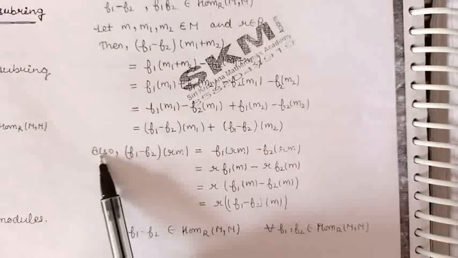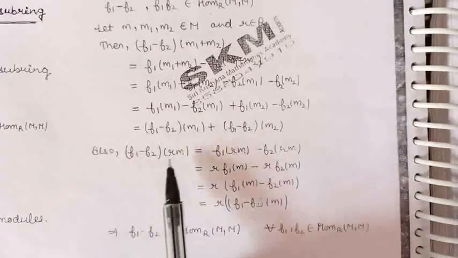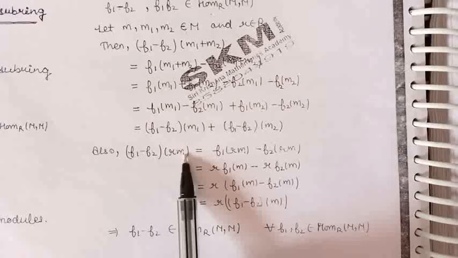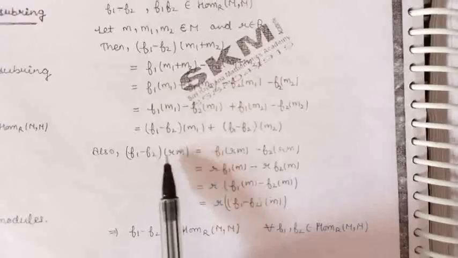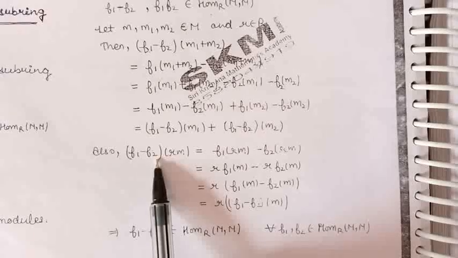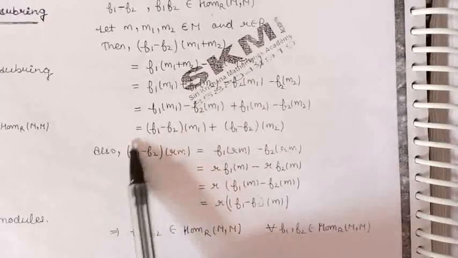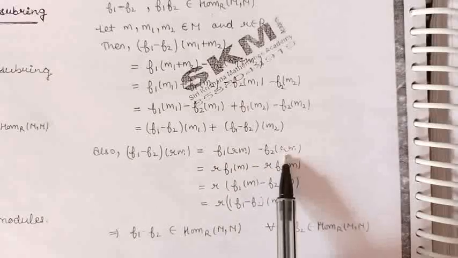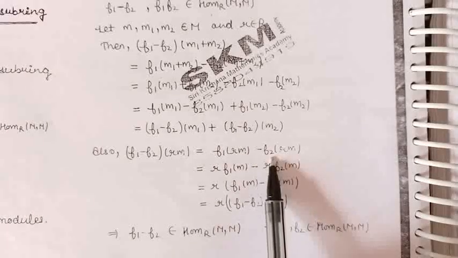In the second condition, let us take r belonging to the ring R and m belonging to M, and we find the image of rm under the mapping F1 minus F2. Now this can further be written as the image of rm under F1 minus the image of rm under F2.